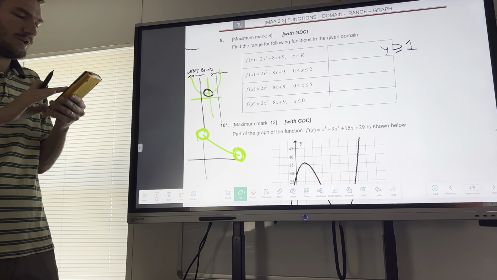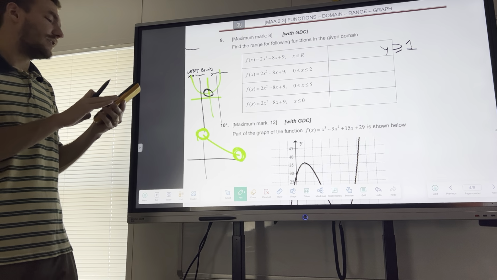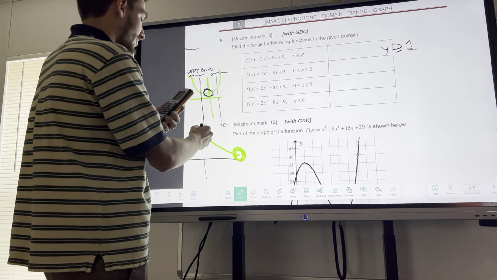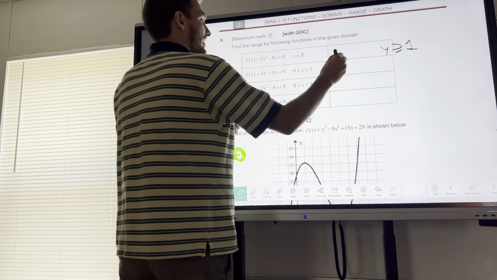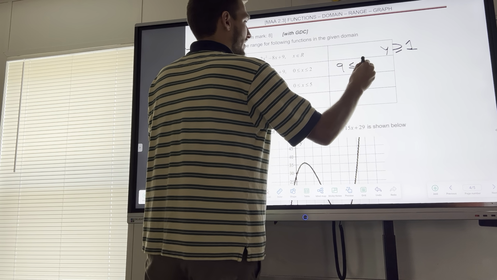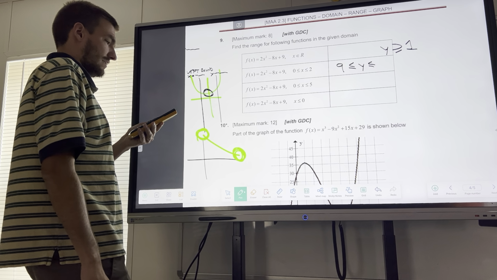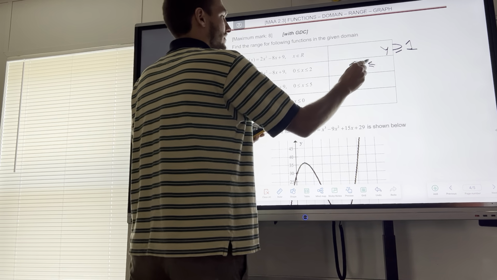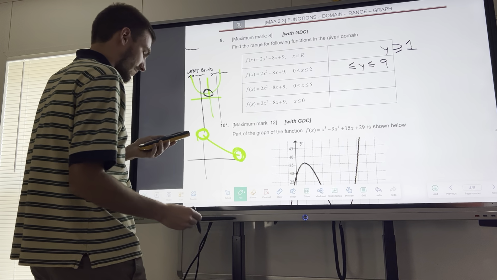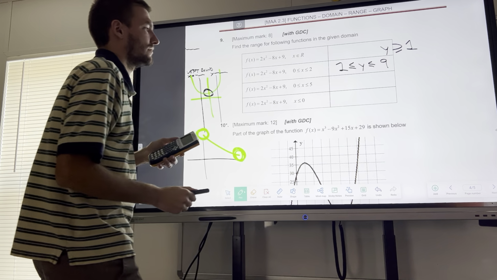Good enough. We don't need to do any fancy calculating maximums and stuff like that. So I would say that the value at 0 is 9. These are ranges, so we need y's. Oh, I got to do it backwards. Struggling here. The 9's the big number, and 2 is 1, our minimum, of course.